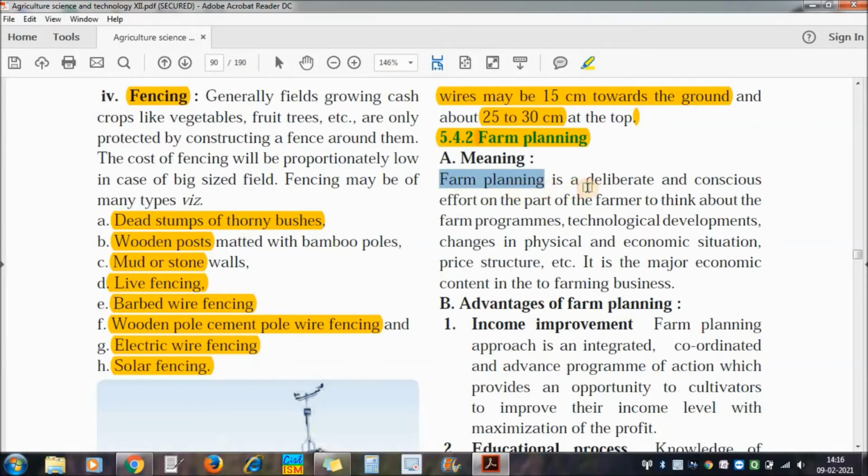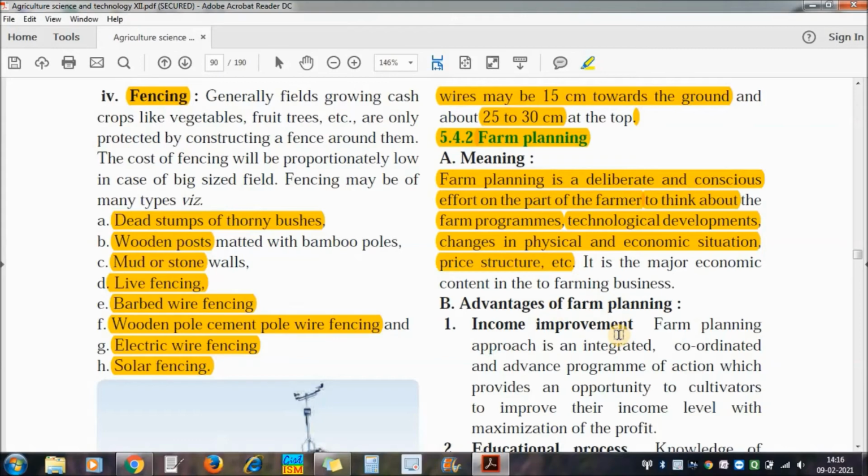Farm planning is a deliberate and conscious effort on the part of the farmer to think about farm programs, technological developments, changes in the physical and economic situation, price structure, and others.